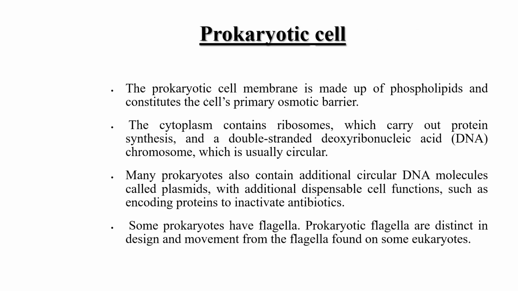And in the prokaryote, the outer covering is the cell membrane, right? And this cell membrane is made up of phospholipid. Okay, and this cell membrane actually acts as a primary osmotic barrier. It allows only certain kinds of molecules to come inside the cell.